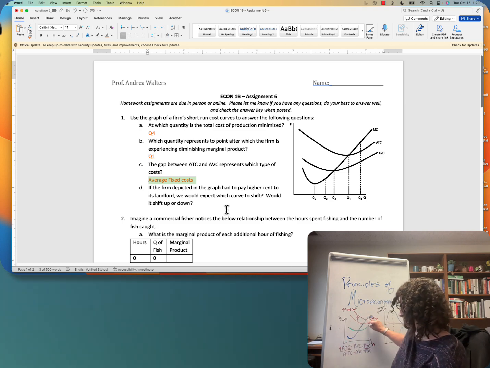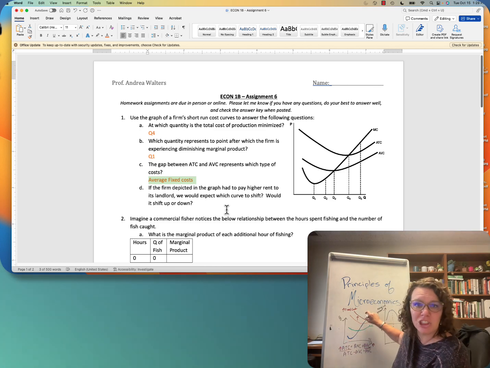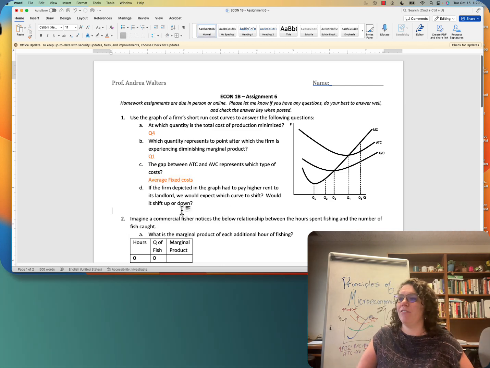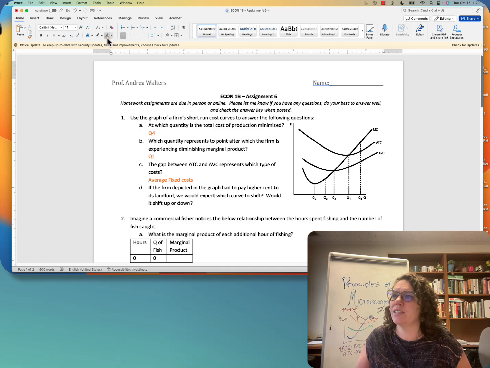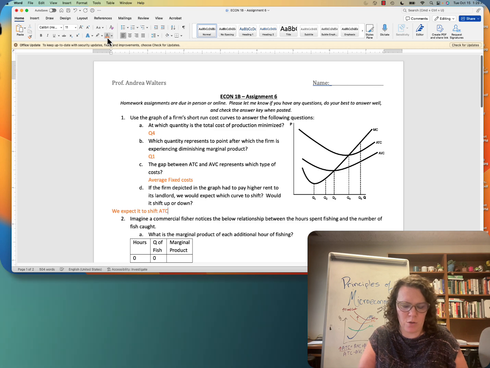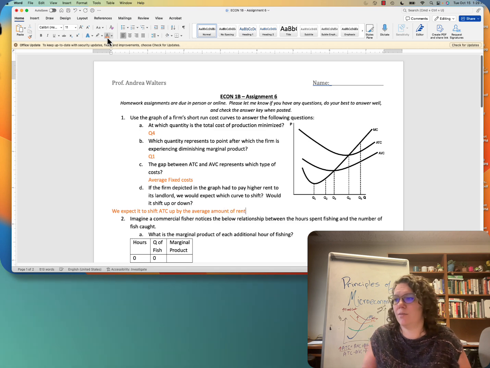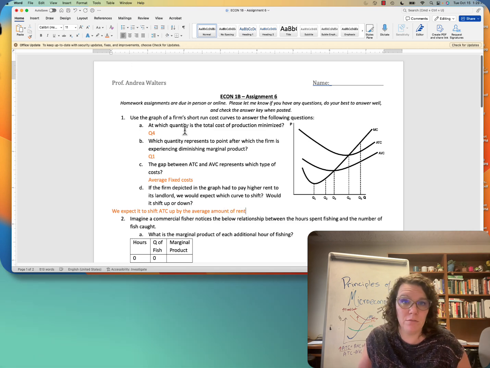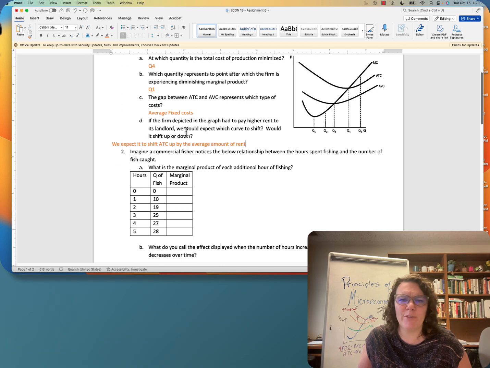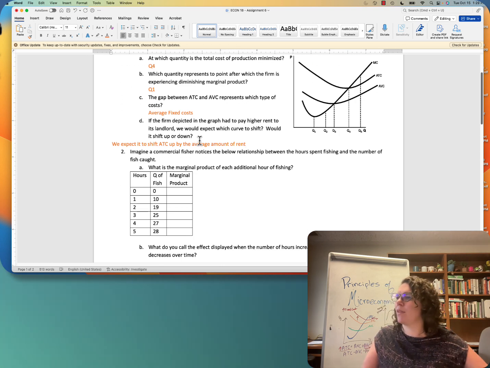And so if we have to spend an extra $50 a month on rent, that's going to shift that total cost curve up. So if the landlord raises rents, we expect it to shift average total cost up by the average amount of rent. So far, so good. Hopefully that makes sense. Let me know if you have questions or if you want a specific example of that.